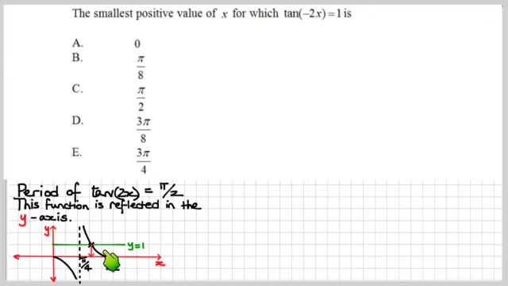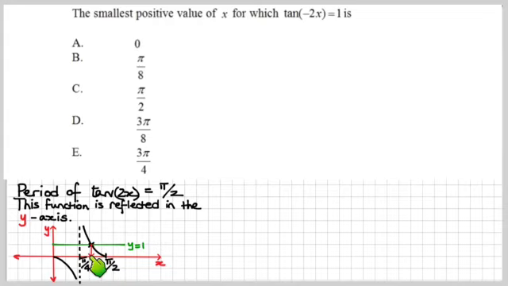Alright, and we're looking for the point when the graph, the y value, has a value of 1, aren't we? So you can see, you start here, you get through half a period, no luck yet. Then in this half of the period we're hitting pay dirt here, right? This is where the y value is 1.